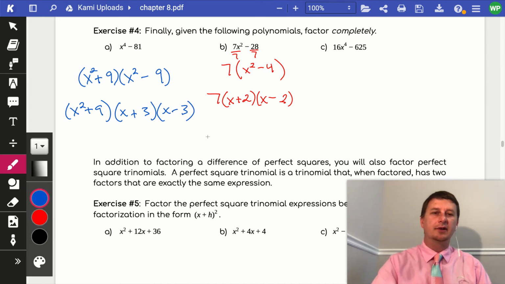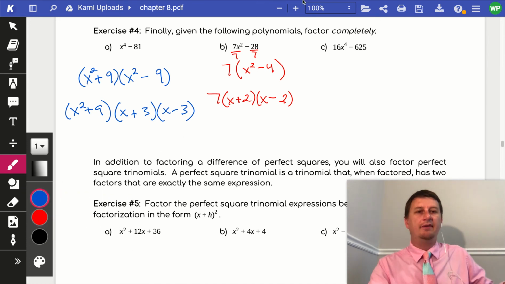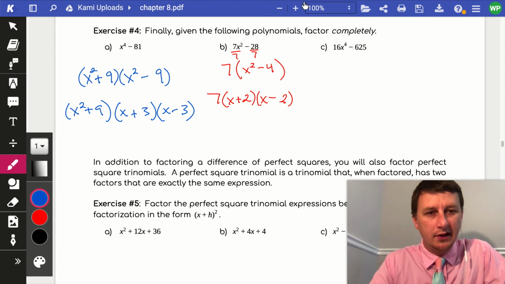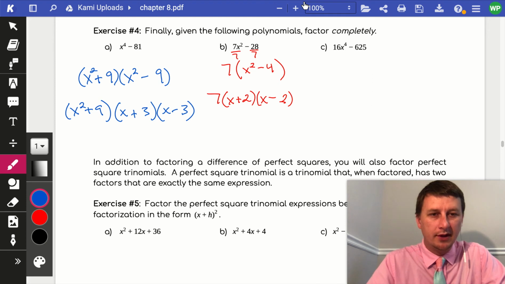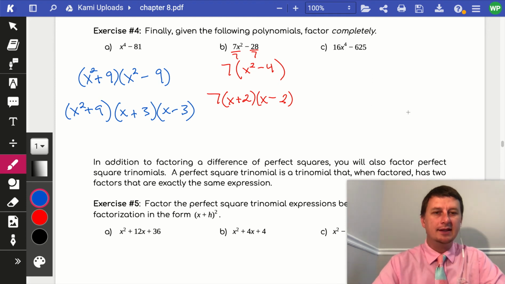And finally, part C, do we have a GCF? And I don't believe so. Is it a difference of two perfect squares? And yes, it is a difference of two perfect squares. And we'll get into this in just a moment. But what times what is 16x to the fourth? Well, we know that 4 times 4 is 16.